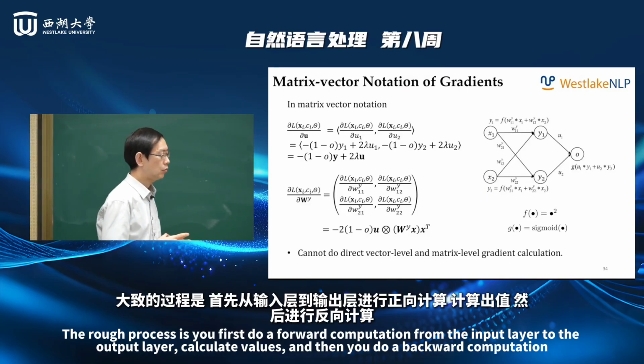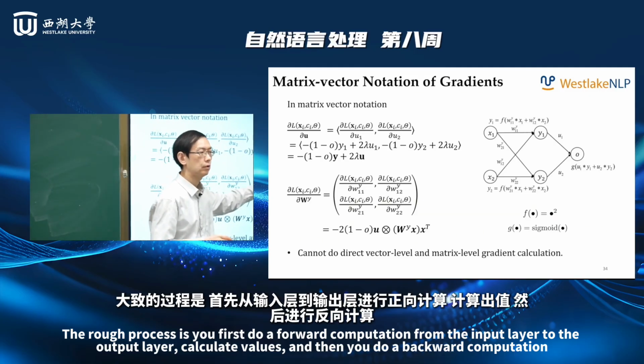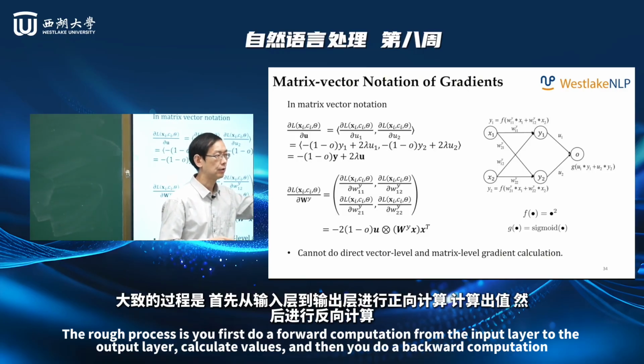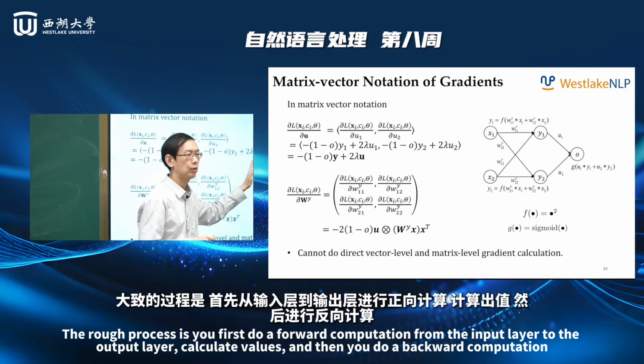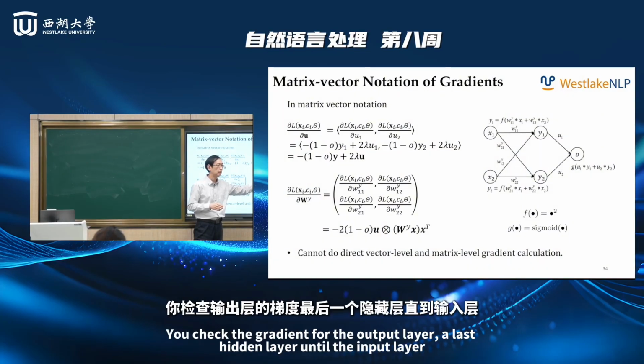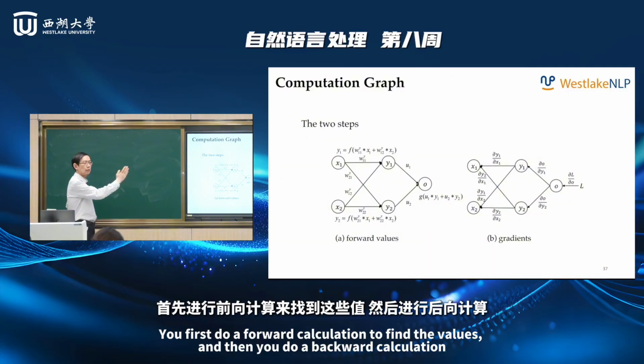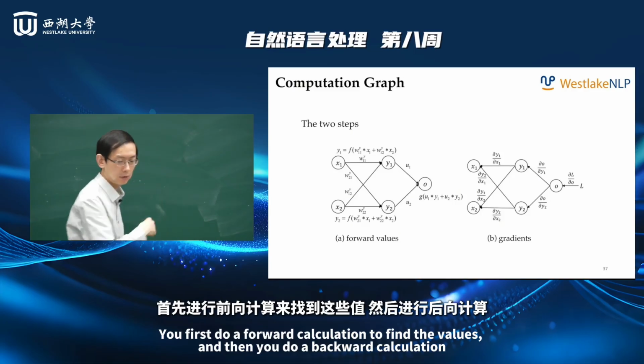So the rough process is you first do a forward computation, from the input layer to the output layer, calculating the values. And then you do a backward computation: you calculate the gradient for the output layer, the last hidden layer, until the input layer. I visualize that in this slide. You first do a forward calculation to find the values, and then you do a backward calculation.